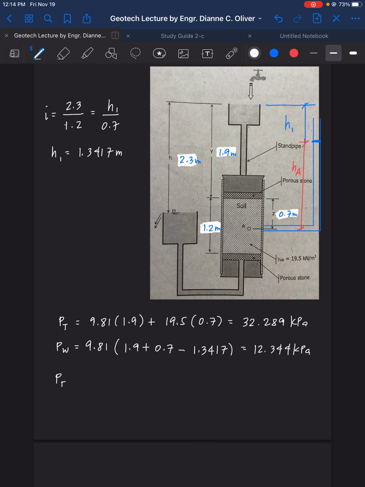Therefore, we have the P effective as P total minus P water, equal to 32.289 minus 12.344, which is 19.945 kilopascal. That's the final answer.